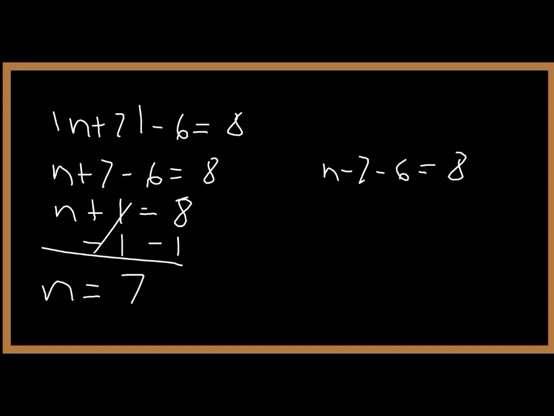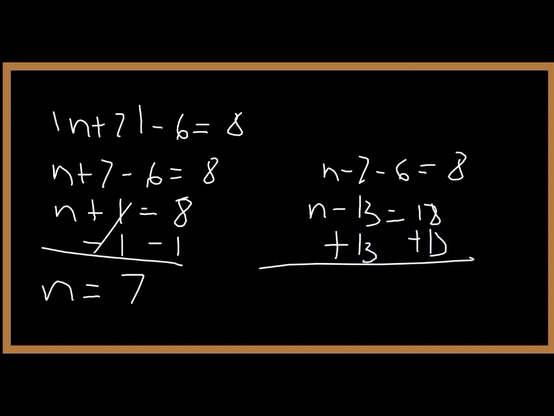And then let's solve for the other sign, which is negative. Negative 7 minus 6 is equal to negative 13. Now let's add 13 to both sides.